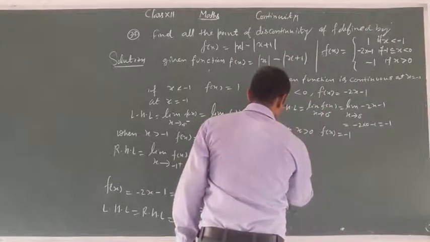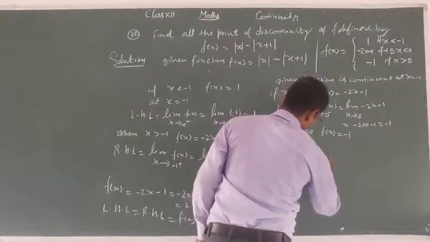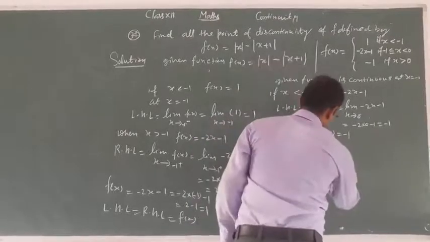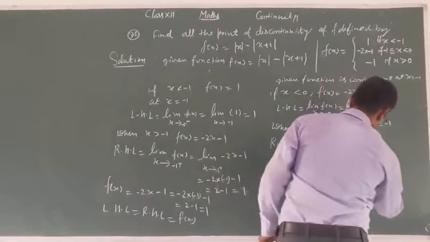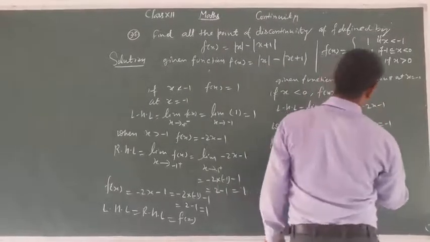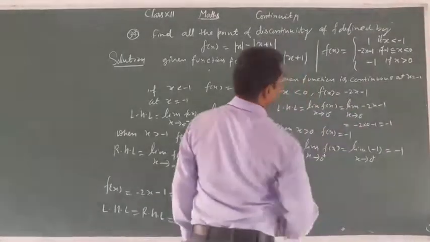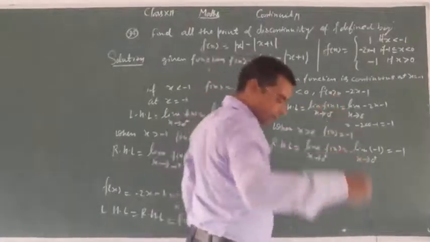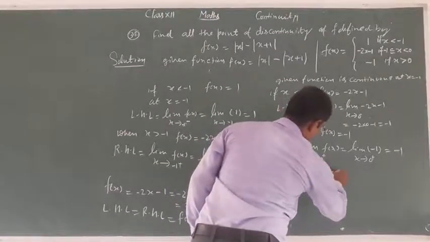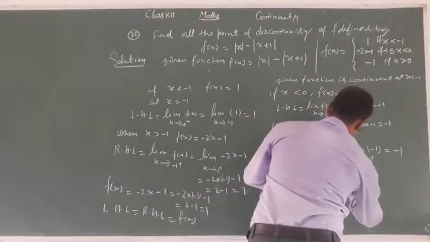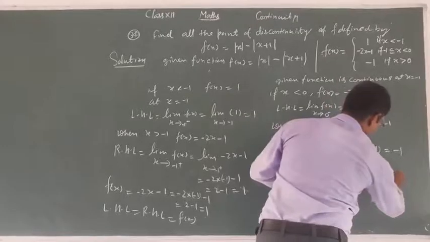So the right hand limit, x tends to 0 plus f(x), is equal to minus 1. And the given value, minus 2 into 0 minus 1, is equal to minus 1.